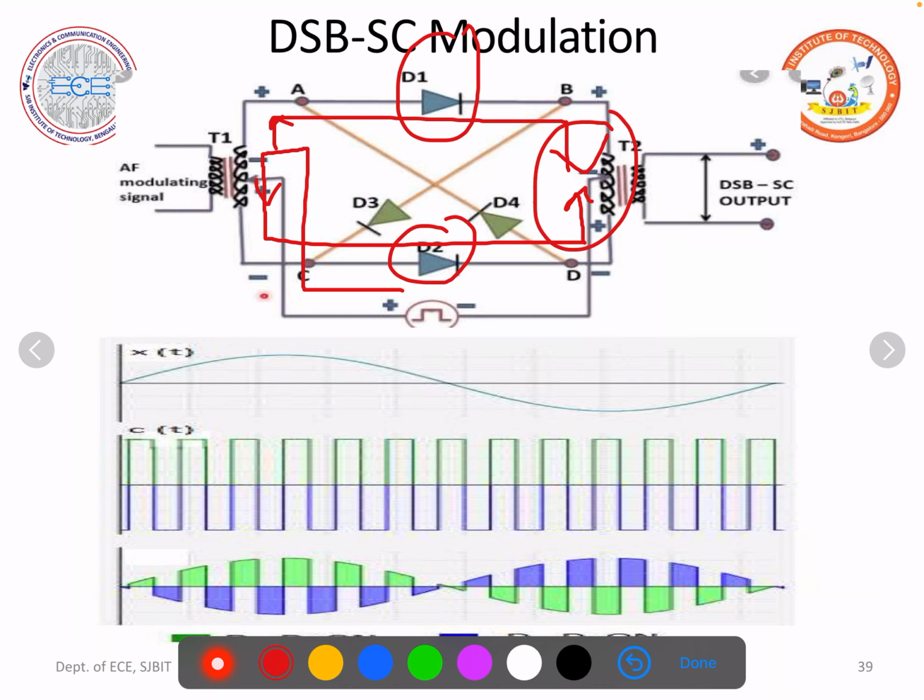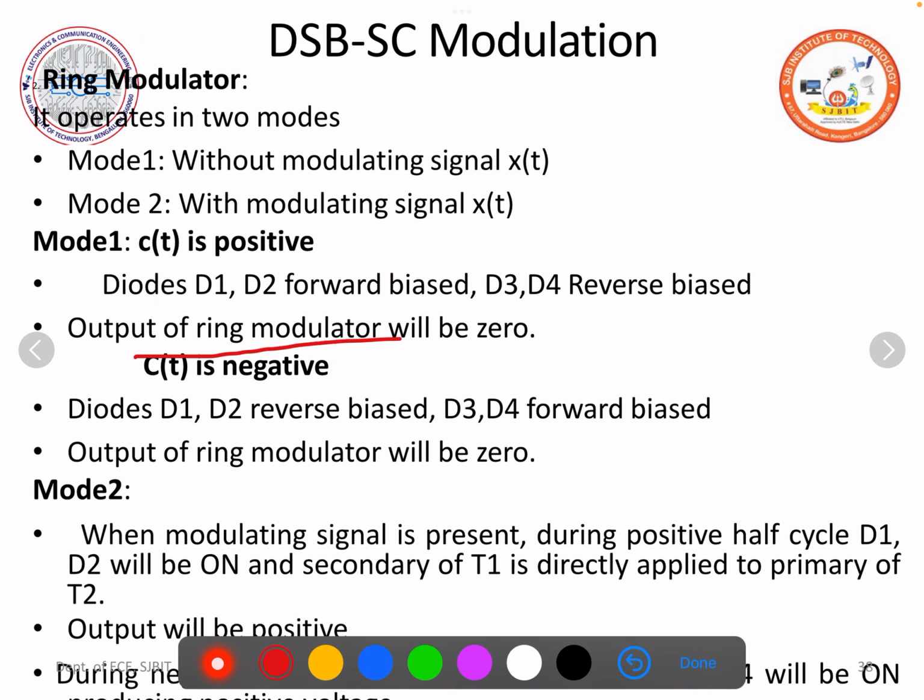The voltage induced in the secondary transformer is 0, so the output of the ring modulator is 0. This is the first case, when c of t is positive. The carrier is suppressed.